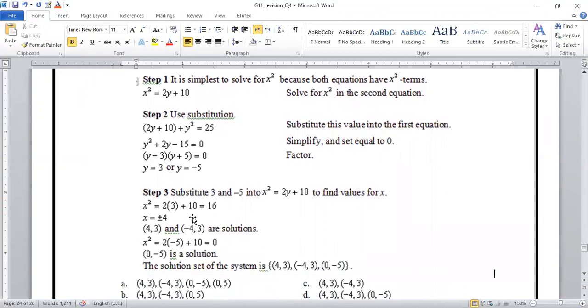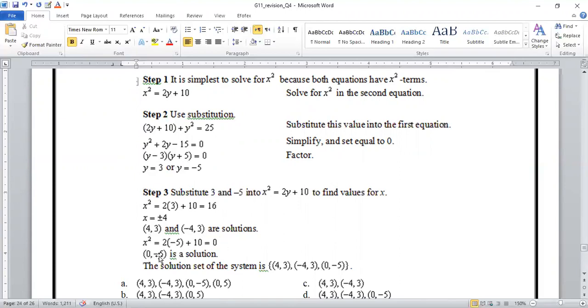Step 3, substitute 3 and negative 5 into x squared equals 2y plus 10 to find the values of x. Taking the first value of y, x squared equals 2 times 3 plus 10 equals 16, so x equals positive or negative 4. So (4, 3) and (-4, 3) are solutions. Then substituting y equals negative 5, x squared equals 2 times negative 5 plus 10 equals 0.